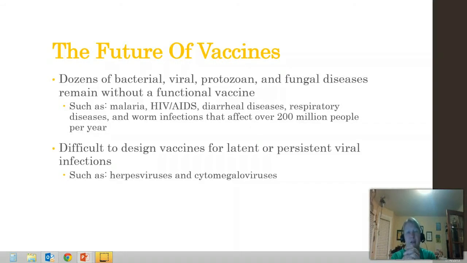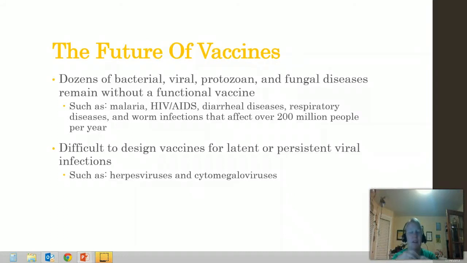There's tons of vaccines that we still need to develop because this is our best line of defense, is to prevent infection in the first place. And some of these we've talked about: HIV, AIDS, malaria, respiratory diseases. These affect 200 million people yearly, and so we really need to develop these. Beyond these functional vaccines we need to develop, we also need to work on ones that cause latent or persistent viral infections.